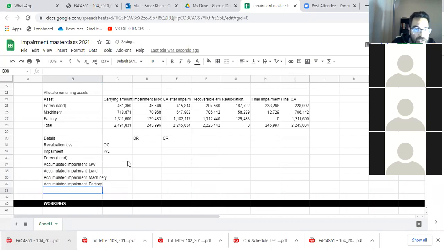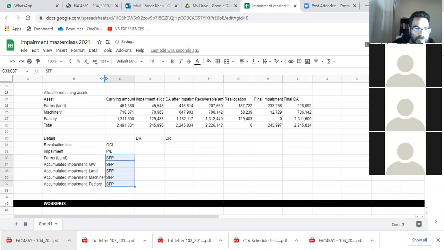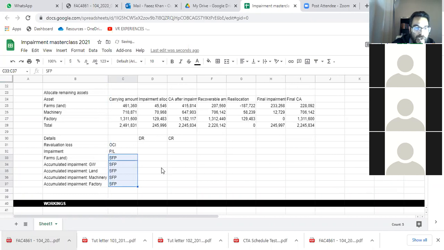So we know goodwill. Goodwill is easy. It's going to be 12,550.